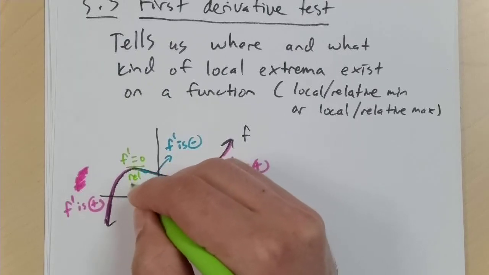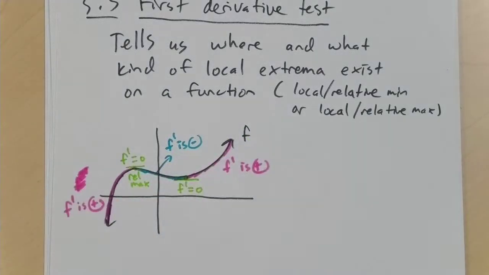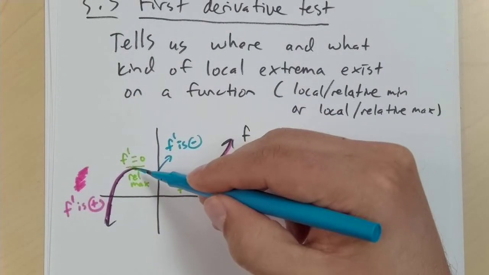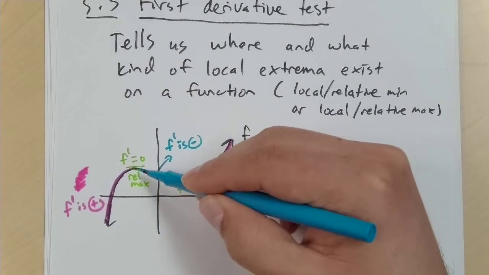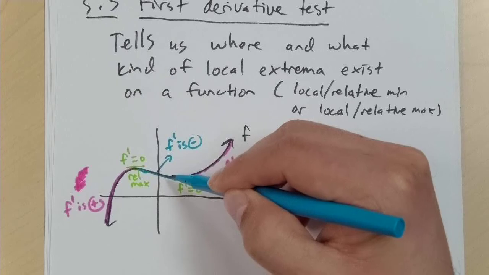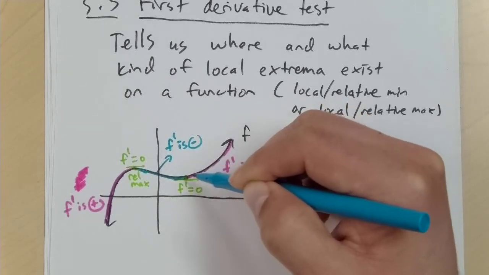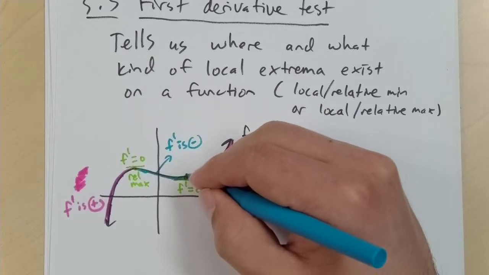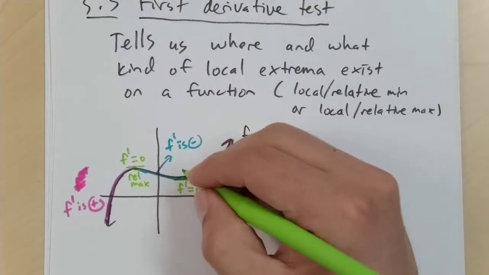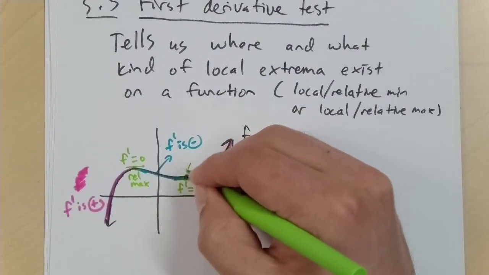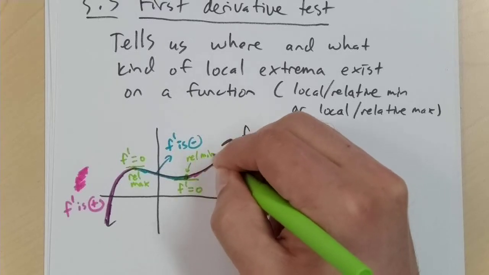And then here where the graph is decreasing, in other words, if the derivative is negative, negative, negative, and then right here it switches to positive again, now we have a low point. And so this point here would be a relative min.